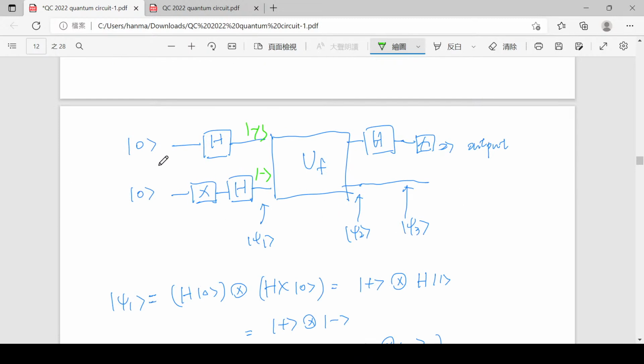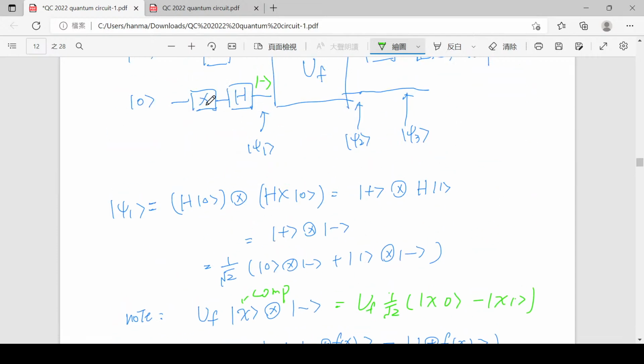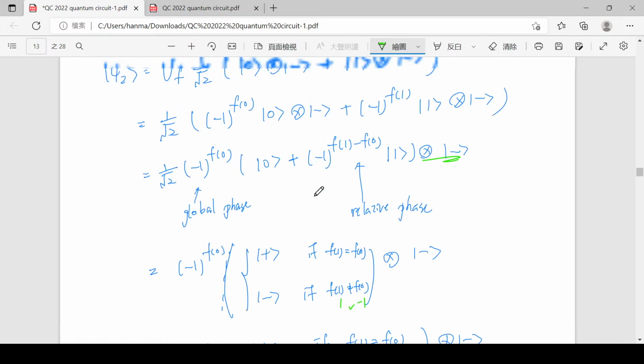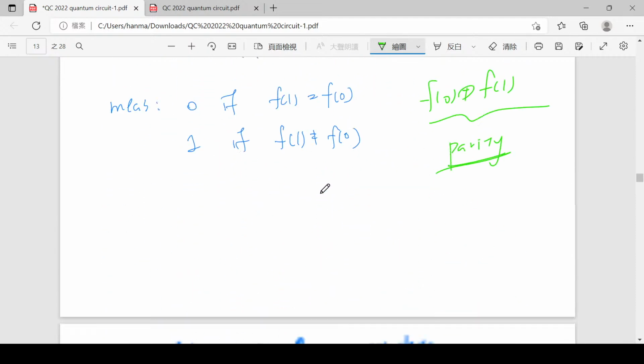Remember, in quantum everything is tensored together, and the more qubits you have, the harder your analysis gets, exponentially. But if you use phase kickback here, the second qubit just stays as the minus state, and you don't care about it. You just care about how the first qubit changes with some phase that depends on your function value. So that's pretty cool.